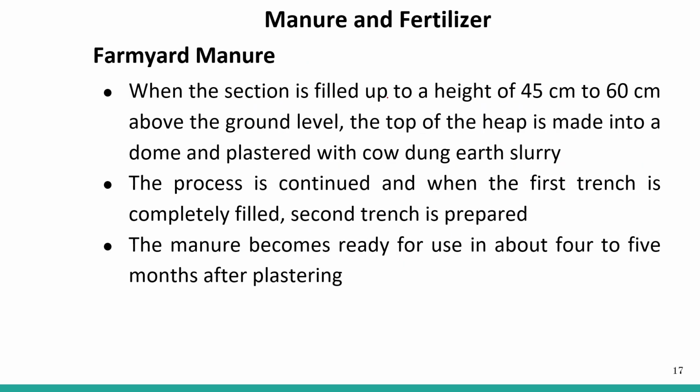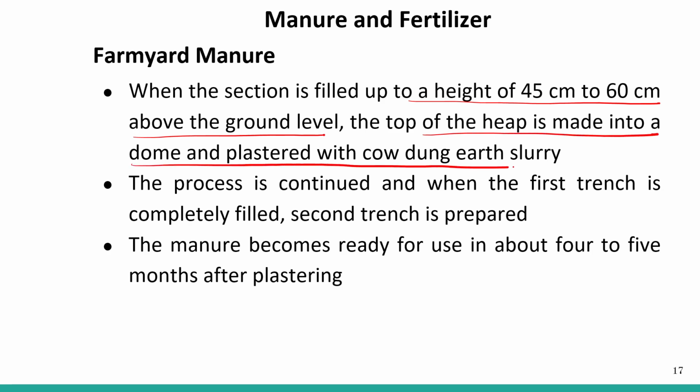When the section is filled up to a height of 45 centimeter to 60 centimeter above the ground level, the top of the heap is made into a dome and plastered with cow dung earth slurry. Very important step. All this that is collected in a heap, with the help of cow dung earth slurry, we can make a plaster of it, in dome shape.